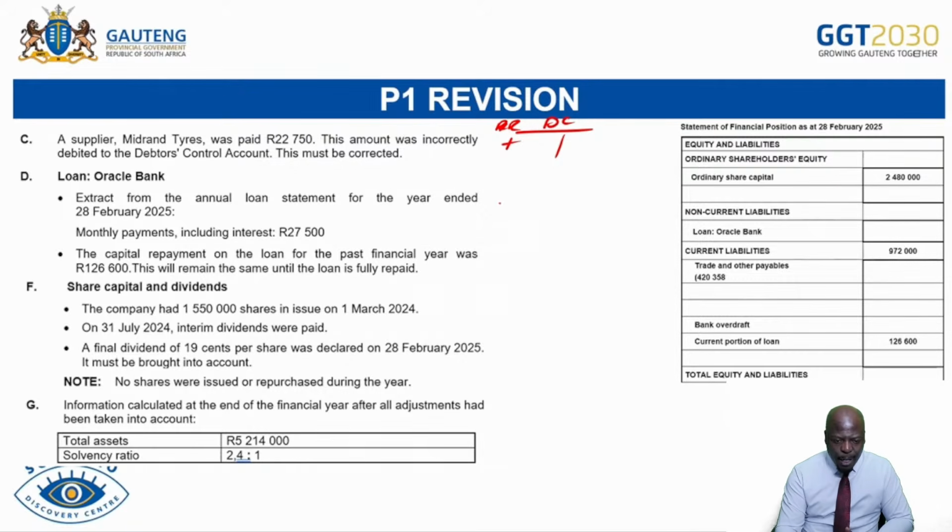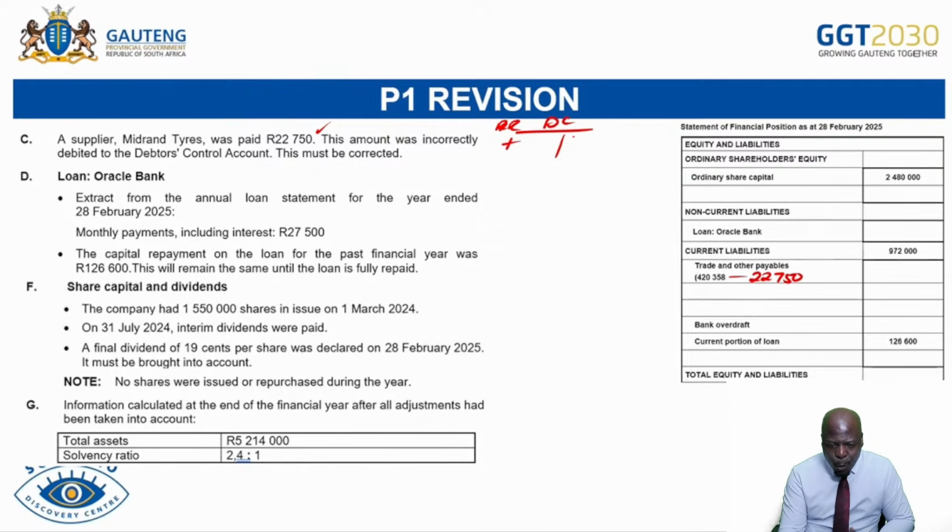So we added 22,750, which is an amount that was paid to a supplier. So what do we do? We come here and we take it out. Remember that amount must go to the supplier's account. That is a creditor. So you are going to come to your trade and other payables and say minus 22,750.